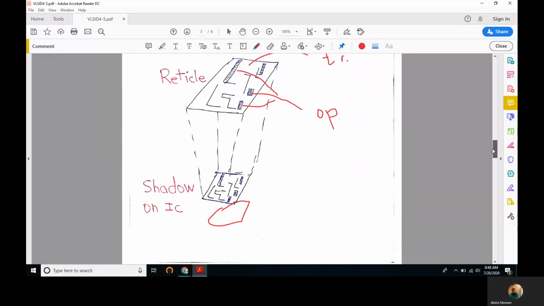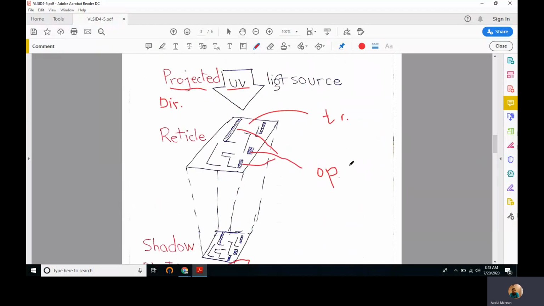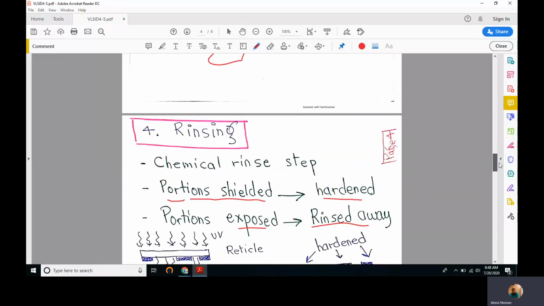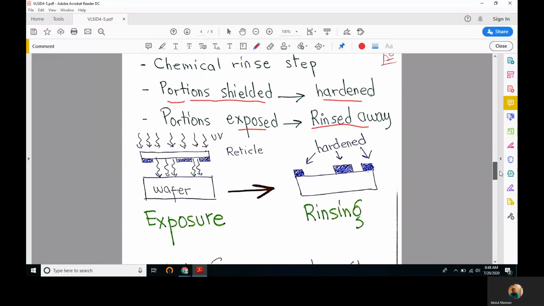So in the next step, we have a difference between the portions that were exposed to UV light and the portions that were not exposed due to being under the opaque portions. Let's see how differently they behave.